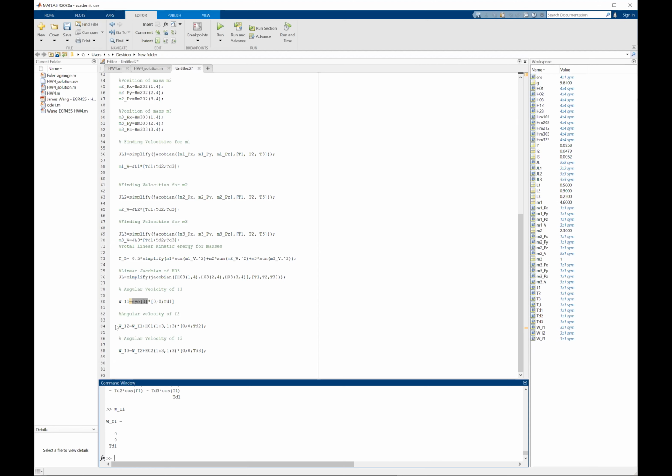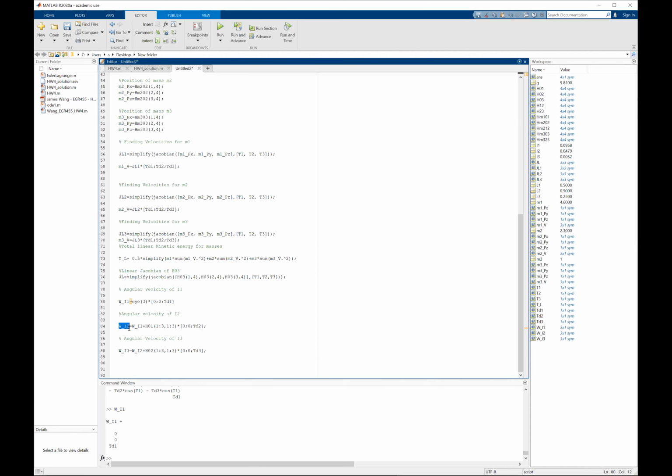Now I want you to look at W12. W12 already consists of the angular velocity of the previous link, and in addition to that, the angular velocity of the first link. Now it is super important that you note that this is H01, because this entire angular velocity needs to be with respect to the 0th reference frame.